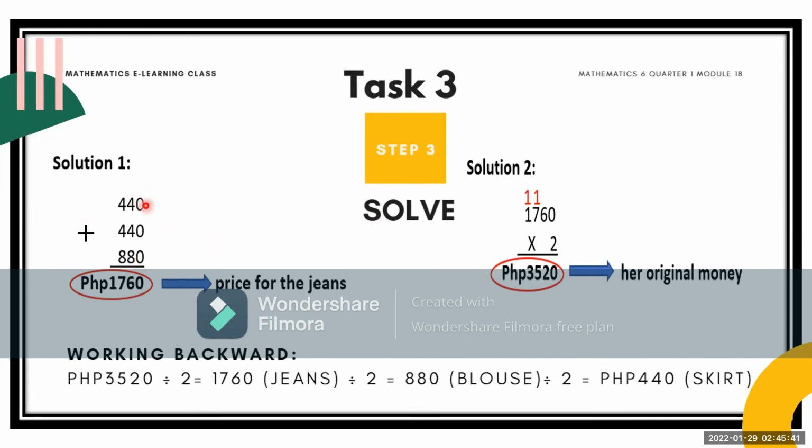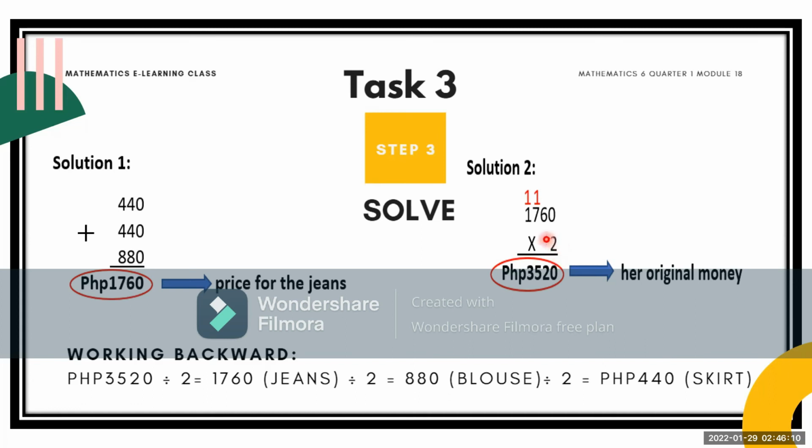First solution, we have to add 440 and 440, which is 880. It will give us 1,760, which is the price for the jeans. And then in order to do solution 2, we have to get the product of the price of the jeans and 2. So we have to multiply it by 2.